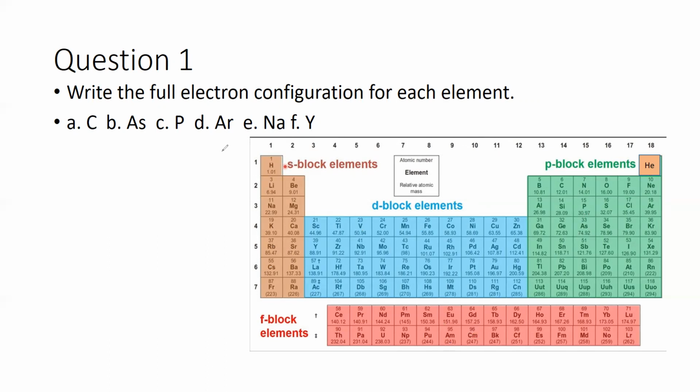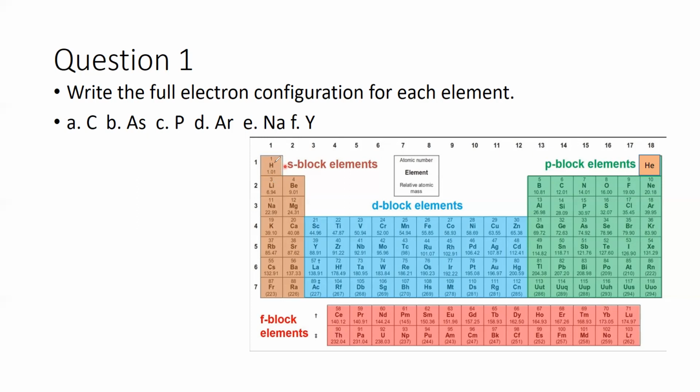All right, so let's write out the full electron configuration for carbon. What you do is you start at hydrogen. Hydrogen's in the first row, in the s block, and it's the first element of the first row of the s block. So this is 1s1.